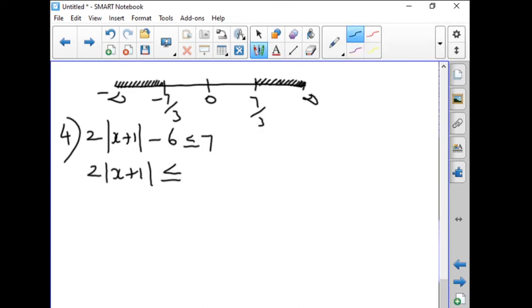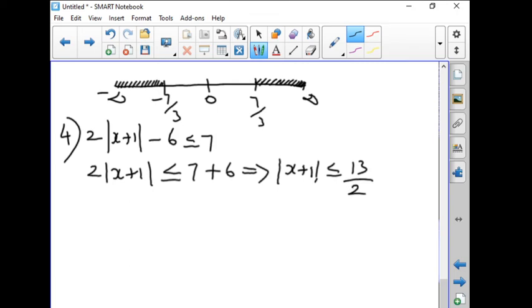Taking 6 to the other side is plus 6, and 2 also we can take to the other side. So modulus of x plus 1 is less than or equal to 13 by 2.